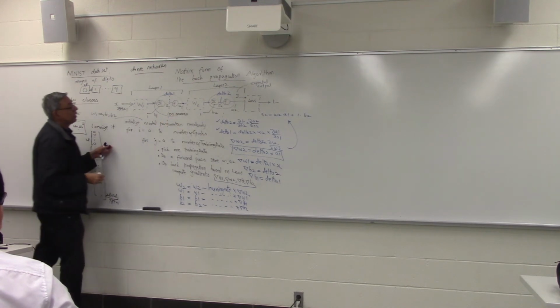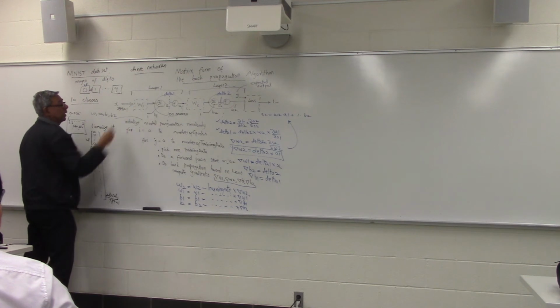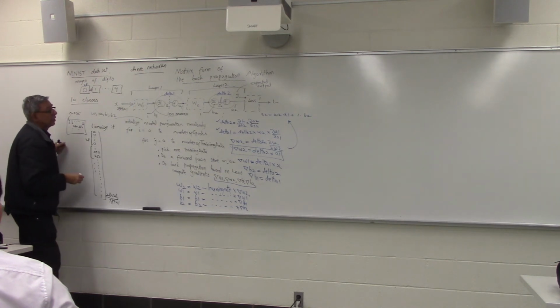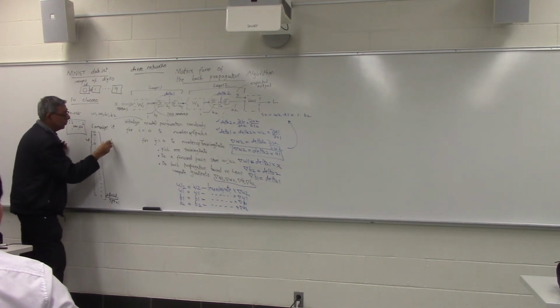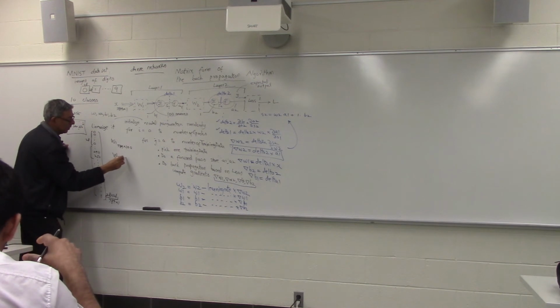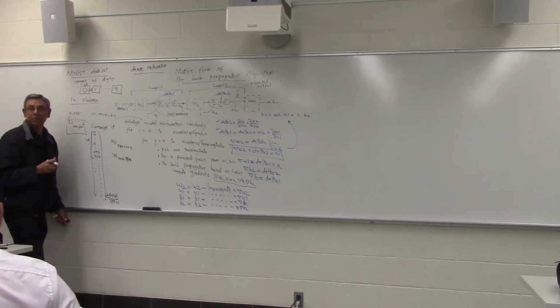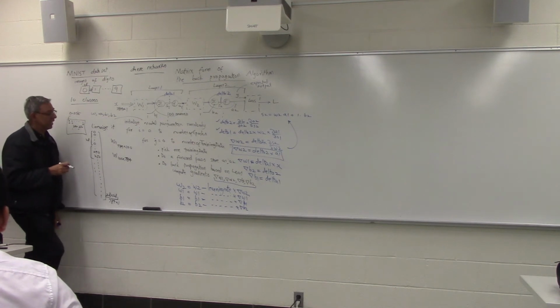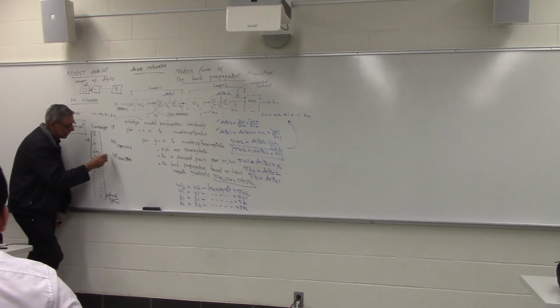Okay, so what will be the size of this weight matrix? We have two choices, 784 by 100 or 100 by 784. Which one will we choose? 100 by 784. Okay, this is the correct answer.